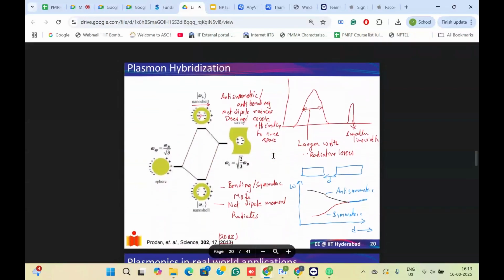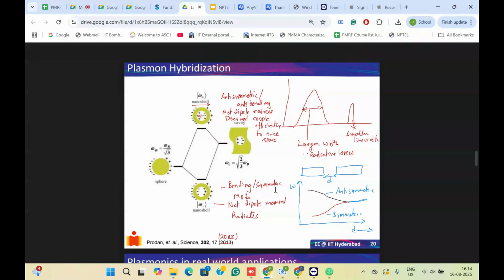So how can we understand this plasmon hybridization? If we have a sphere in the presence of an electric field, there is a charge separation, and it is given by omega s is equal to omega b by root 3. And for the cavity we have omega c equals root 2 by this, induced polarization. When these two interact, they hybridize into two modes.